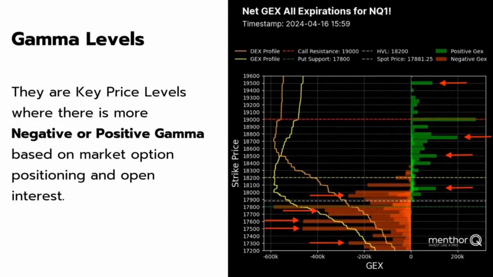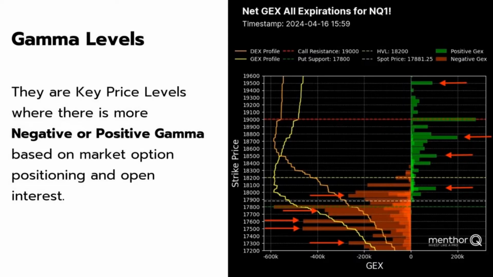Here, what you see in the chart, and we're going to go through this chart as well in a second, is our net gamma exposure chart. You see wide green bars and wide red bars. Those represent the levels with the highest positive and negative gamma, and they represent the gamma levels that will become market reaction zones. And today we're going to go into our put support.